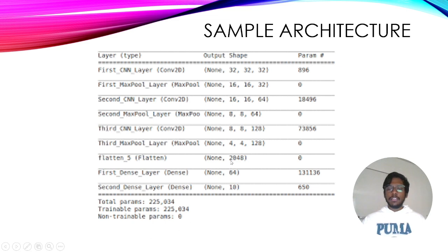And once the flatten is done, we go into a dense layer of 64 neurons, and this is passed on to 10 neurons. So this is actually a multi-class classification task where I'm giving 10 neurons. So 10 classes, 10 neurons. Whichever neuron gets activated, whichever neuron gives the highest value, that is the output. So this is a sample architecture of how a CNN is constructed, what are the layers, what are the filters we decide, how the dimension is being reduced.